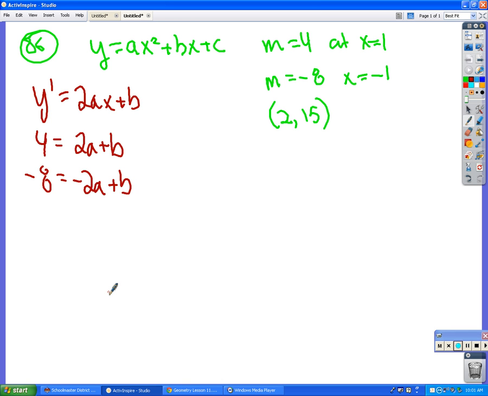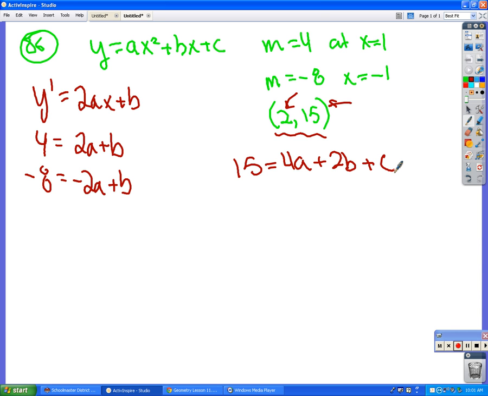And then I'm also going to take this point on the curve, so this is your x and this is your y. That tells me that 15 equals 4a plus 2b plus c.